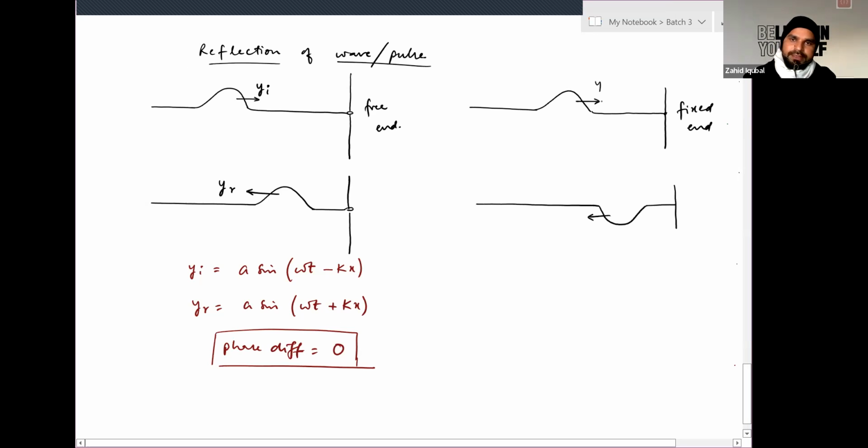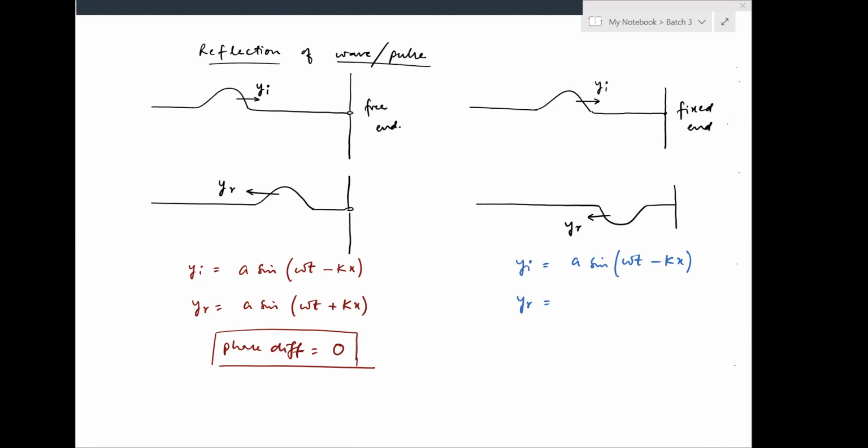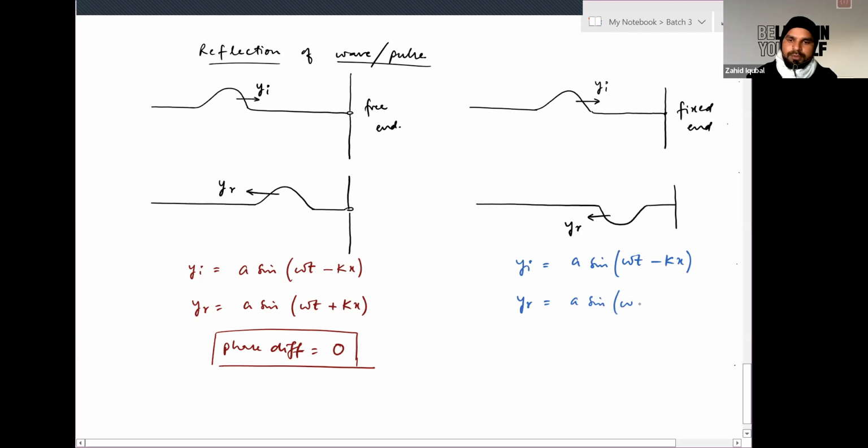So this will be incident and this will be reflected. y incident is going along the positive x-axis, sine omega t minus kx, and y reflected is a times sine omega t plus kx with some phase difference pi. So from this, we can say the phase difference in this case will be pi.